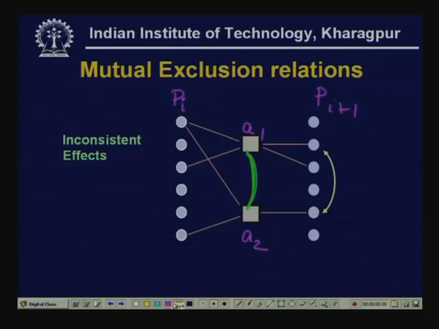This could happen, for example, suppose Q is the effect of A1 and not Q is the effect of A2, and since Q and not Q are mutex, they cannot occur together, then A1 and A2 will be mutex. This condition is called the inconsistent effect condition. Two actions will be mutex if their effects are inconsistent.